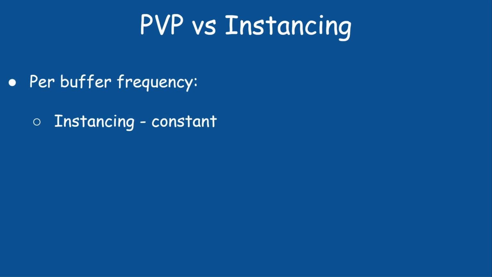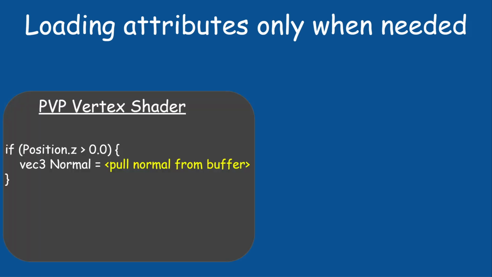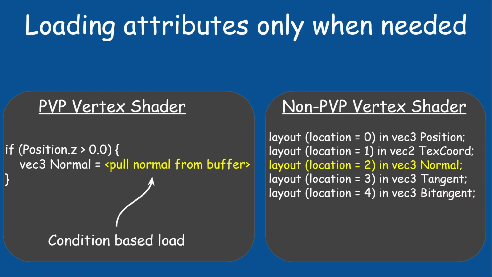However, instancing has the same frequency for each buffer independently, whereas PVP allows you to change the frequency based on dynamic conditions. And finally, PVP enables loading attributes only if they are needed, again depending on dynamic conditions in the shader. This has the potential of reducing memory bandwidth, because in the fixed function method, all the attributes must be loaded to the VS.